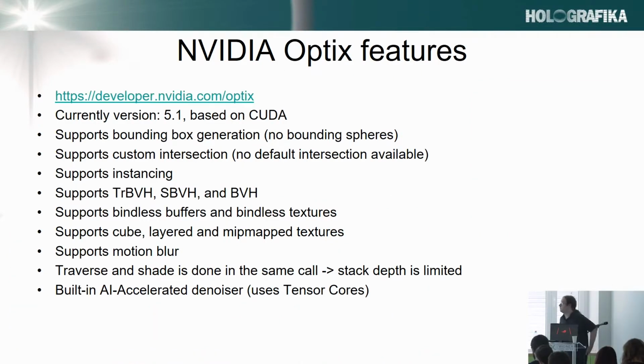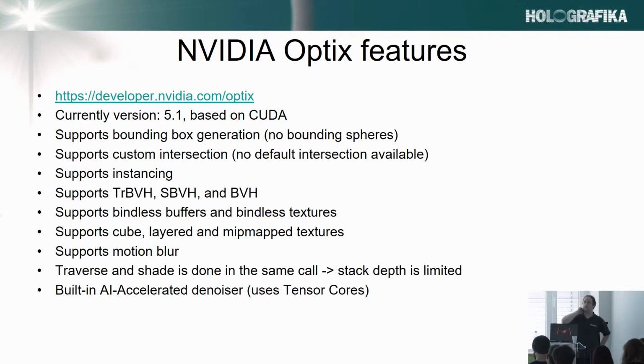Okay, so what are the features that are present in OptiX? First of all, it's based on CUDA, so it plays nice with other CUDA code. It supports bounding box generation. There are no bounding spheres. It supports custom intersection, and currently there is no default intersection available for meshes.